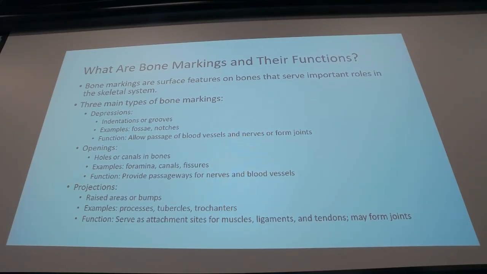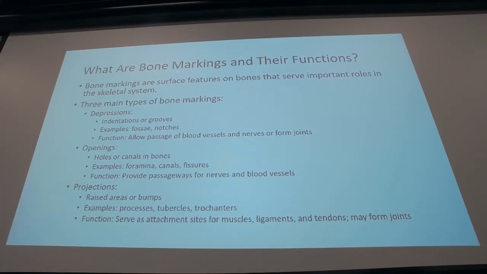Now, what are bone markings and what is their function? The bone markings are features in the bones. Our bones are not perfectly flat or featureless. They have specific markings that have different functions. So we have three types of markings.